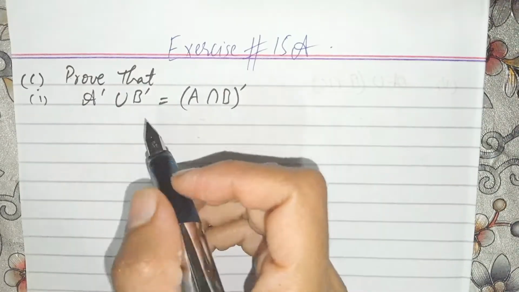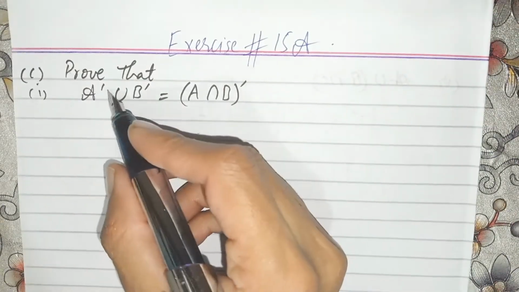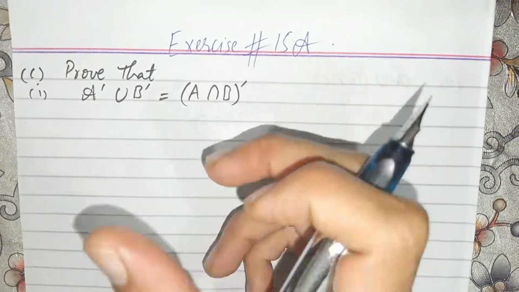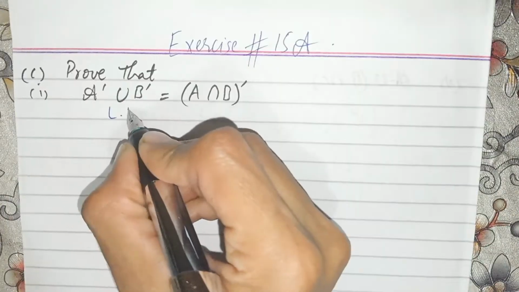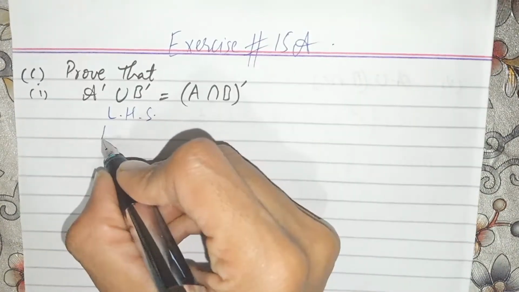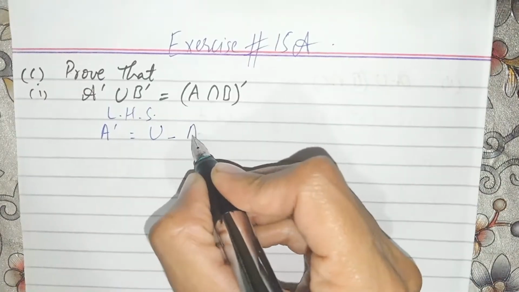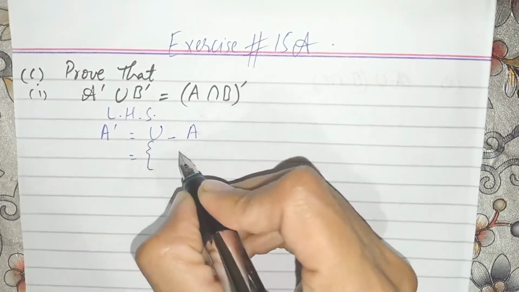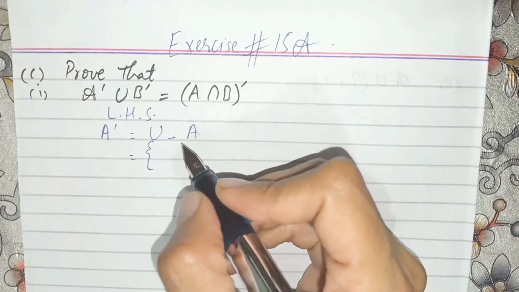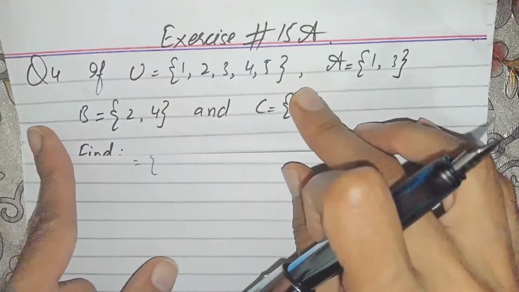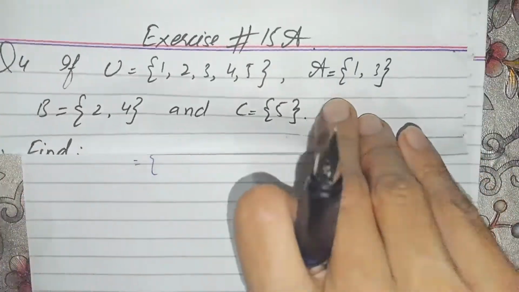Now students, part C, we have to prove A complement union B complement equals A intersection B complement. This is our left hand side. First we have to find the A complement, which is U minus A. U contains 1 to 5 and A is 1 and 3.